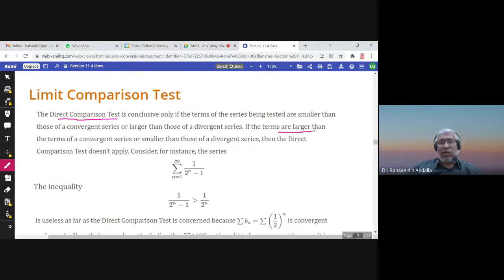So if the terms are larger than the terms of a convergent series or smaller than those of a divergent series, in these cases the direct comparison test does not apply.